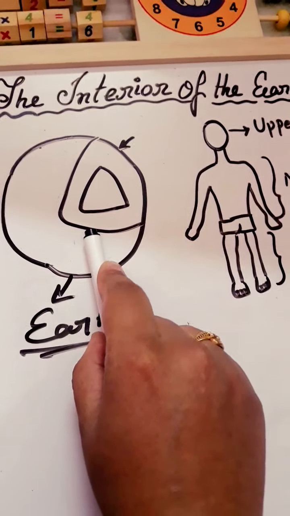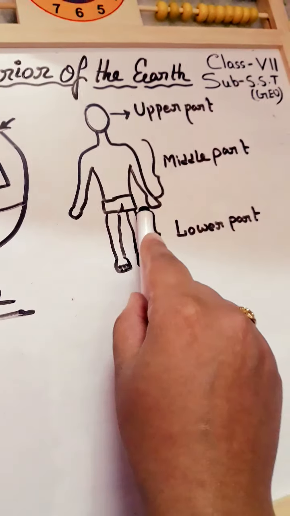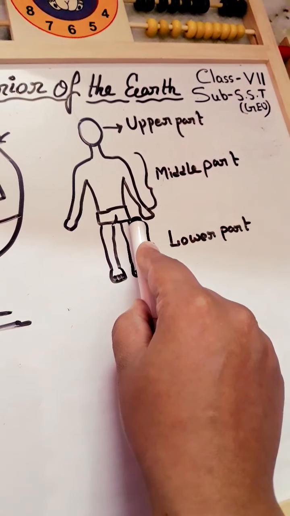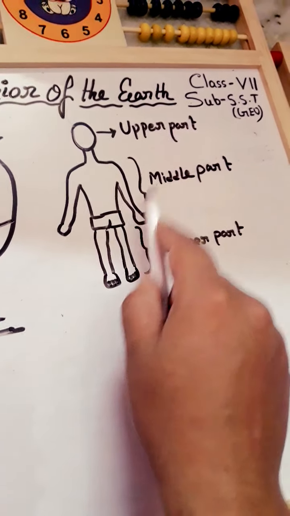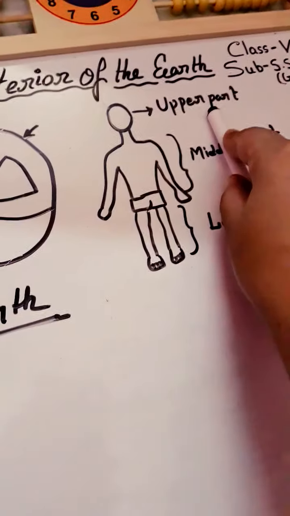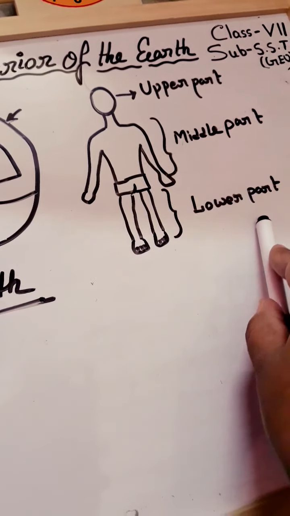If we imagine the earth's layers like a human body, then we will notice that similarly our human body has three parts: this is the upper part, this is the middle part, and this portion is the lower part.